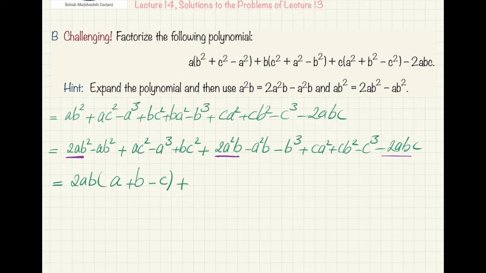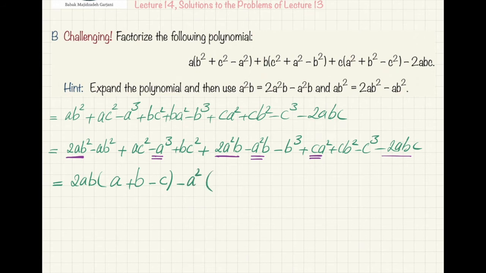So I will take minus a cubed, I will take minus a squared b, and finally this one. All of them share a factor of a squared. Because I want to have positive a, positive b, and negative c, this means that I have to pull out a negative a squared. Yes, so I will pull out a negative a squared.